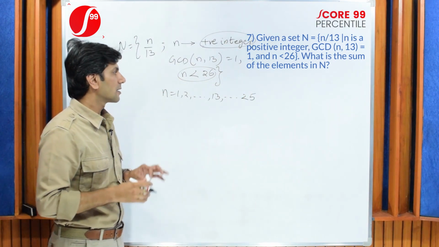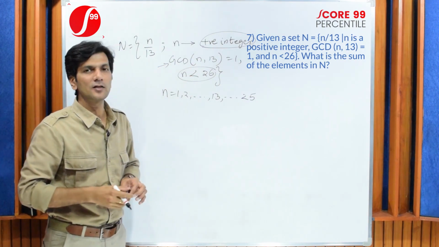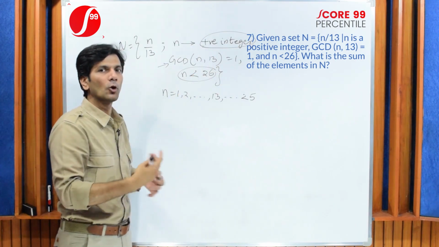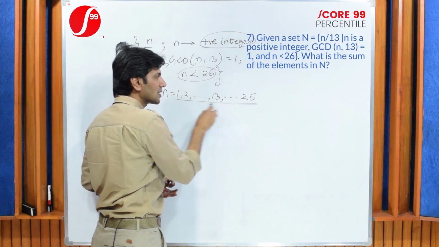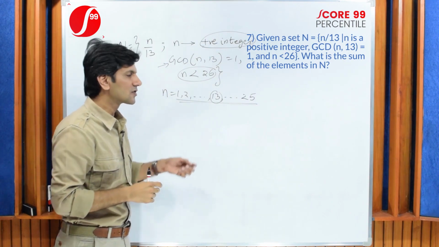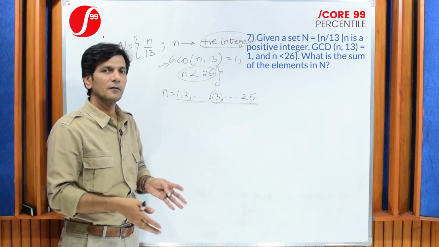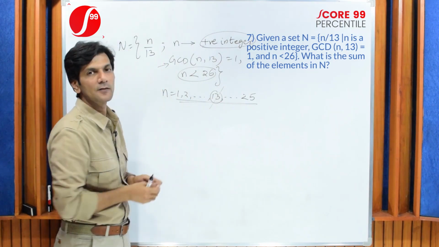Now, remember that there's also one more clue that says greatest common divisor of n and 13 is 1. It means that n and 13 should be co-primes to each other. So all these values in this list of n will satisfy except for 13, because GCD of 13 and 13 is actually 13 itself and not 1, which means we are technically not supposed to be taking 13 as a value for n.